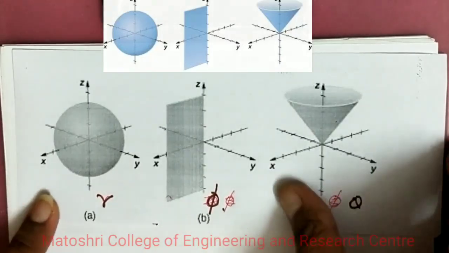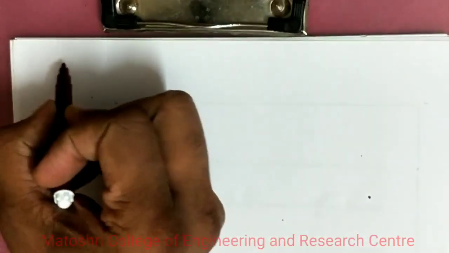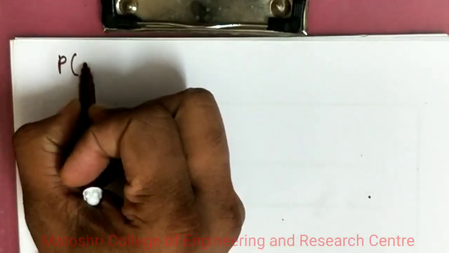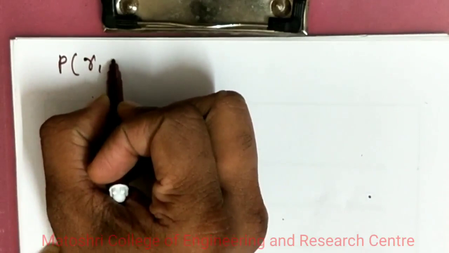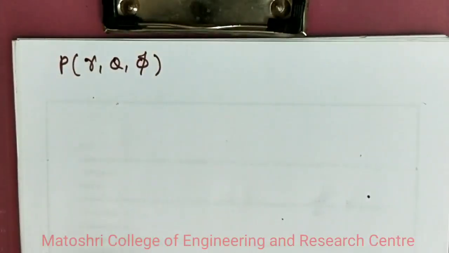But when you are specifying these coordinates, we need to maintain the order. It is slightly different. That's why we are specifying the point P in terms of 3 coordinates: r, theta, and phi. This sequence is again based on certain assumptions.